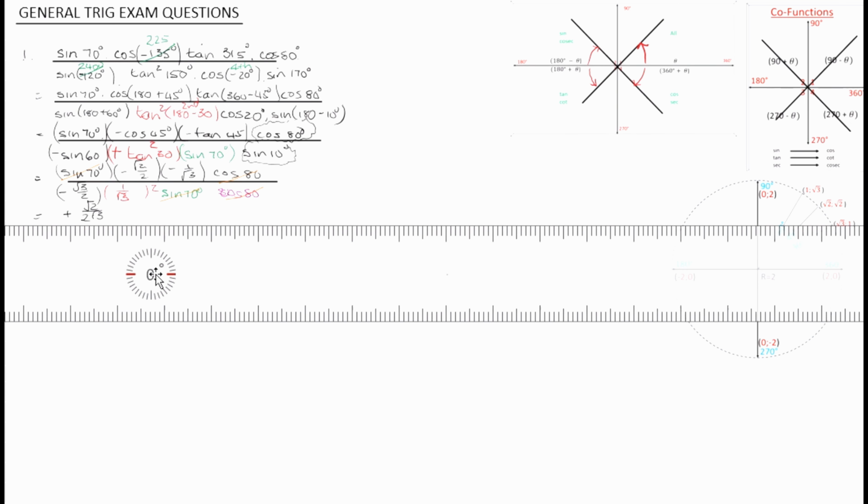We are left with root 2, with a minus sign it is a plus, root 2 on 2 root 3 on, let's just pick up a ruler and make this a bit tidier.